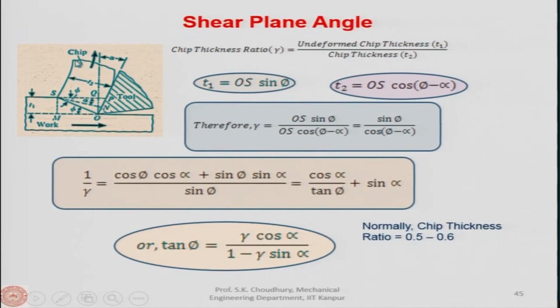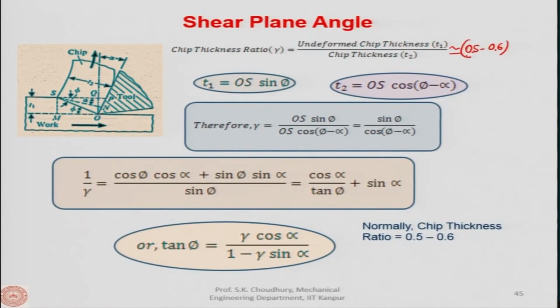This line is perpendicular to this edge and this edge, so you can measure T2 exactly. This one is the uncut thickness, this is the chip thickness. The ratio of T1 and T2 is given as the chip thickness ratio. In practice it has been seen that this is roughly about 0.5, 0.6.